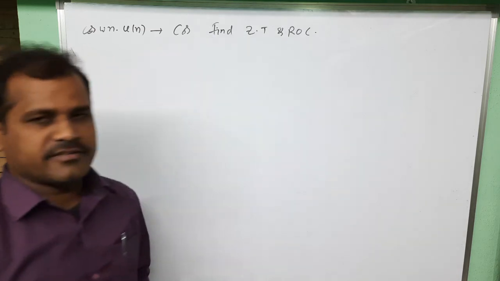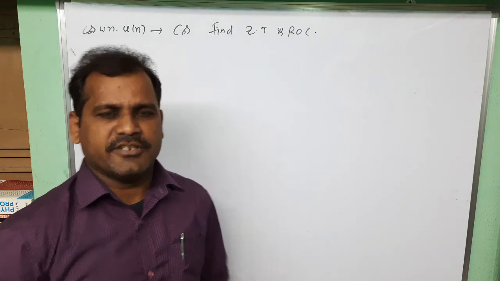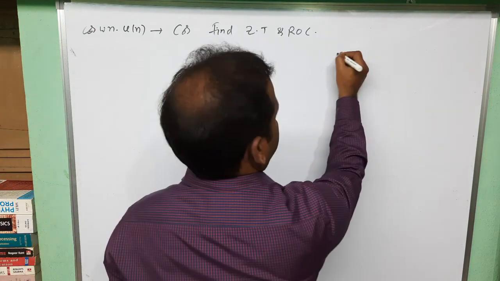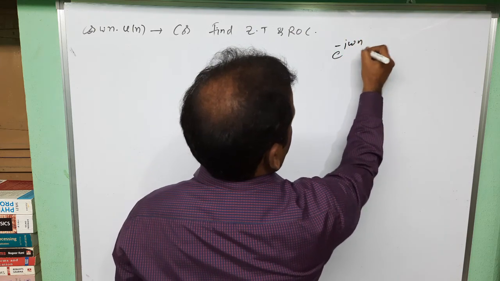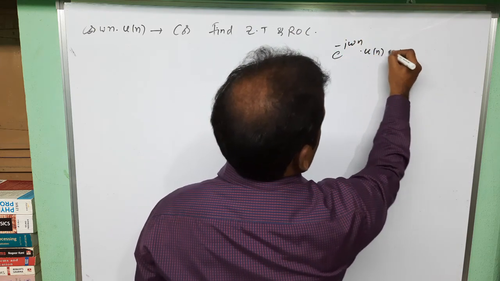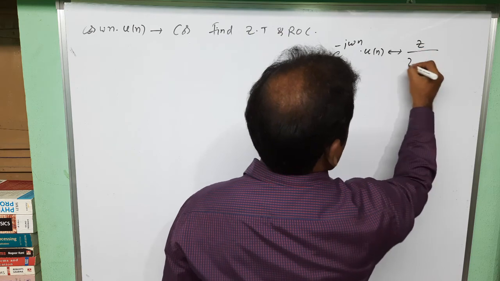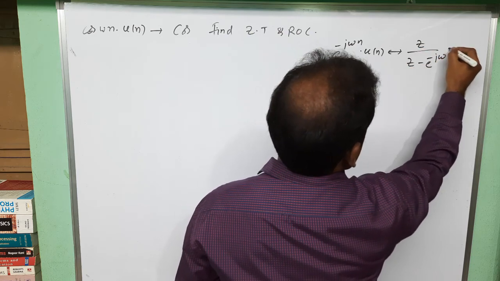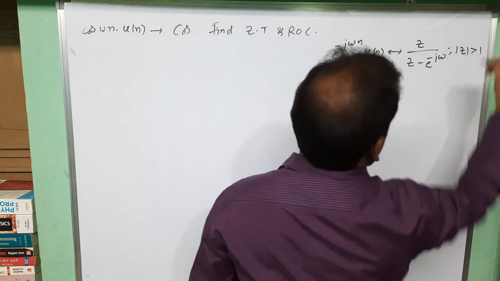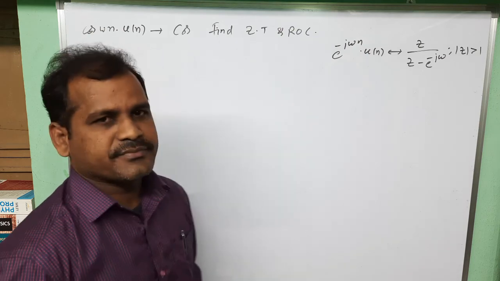Before this, let us recall the complex exponential Z transform once again. Here, for e to the power of minus j omega n u of n, the Z transform we got is z by z minus e to the power of minus j omega with ROC mod z greater than 1.